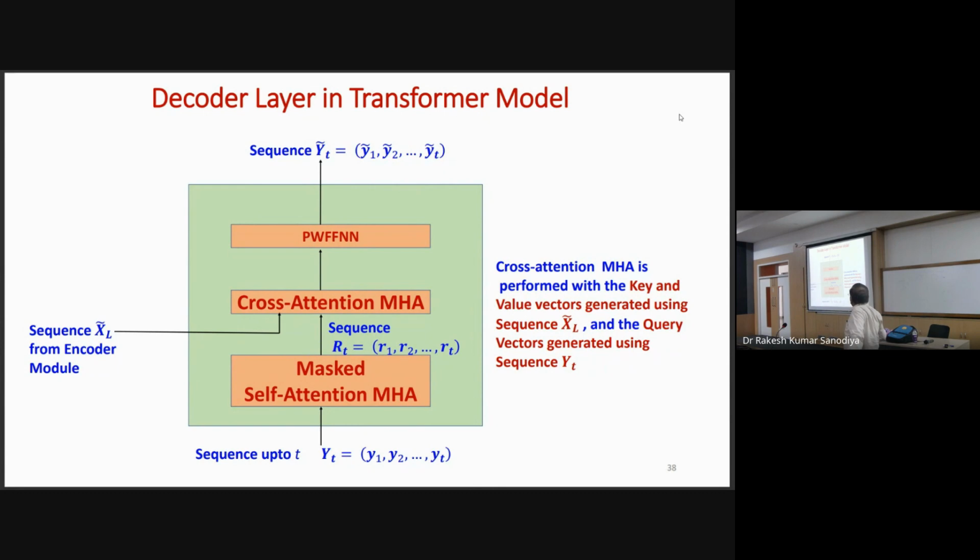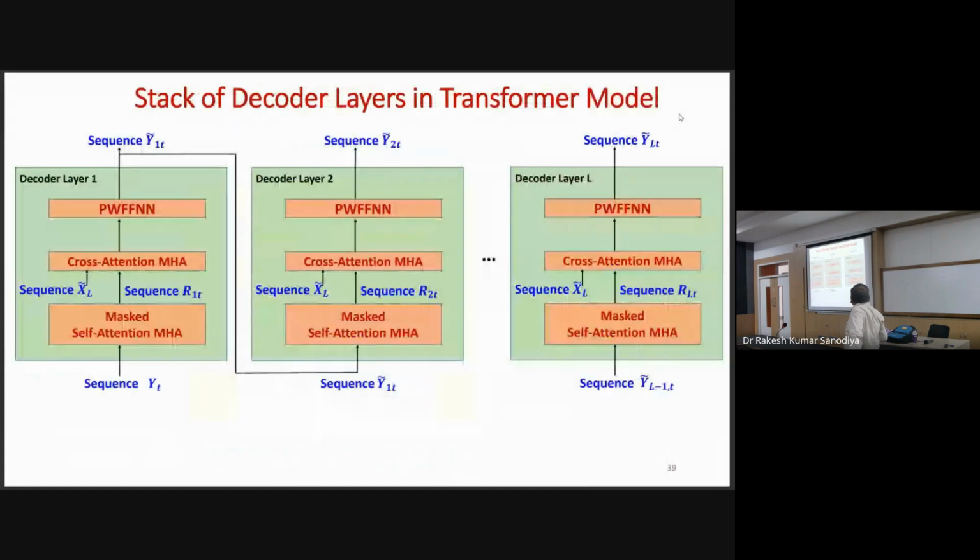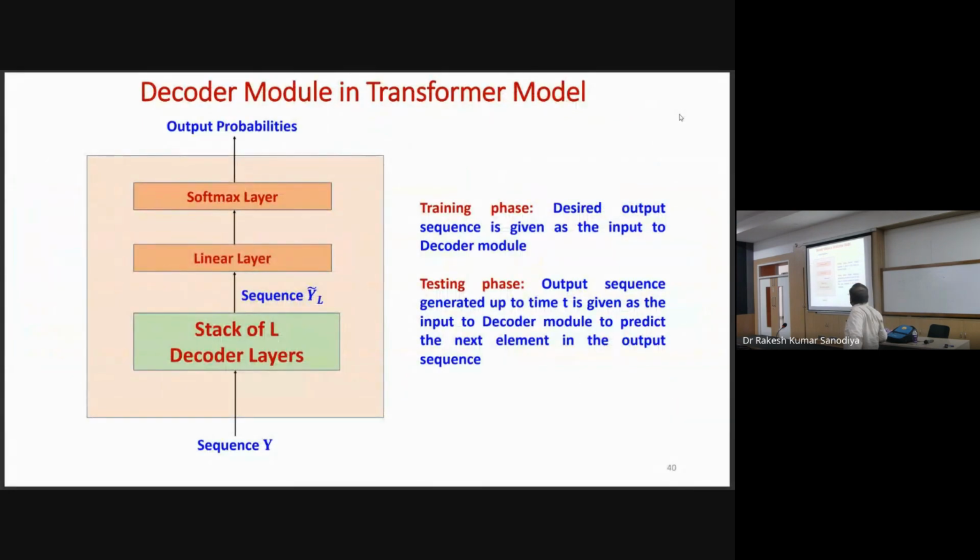And again, this is only one layer in the decoder. We typically have multiple layers, similar to the encoder. At the end of these L layers, we have the new representation that captures the relation between the input and the desired sentence. Then we pass it through a linear layer and a softmax layer to predict the next element in the sequence.